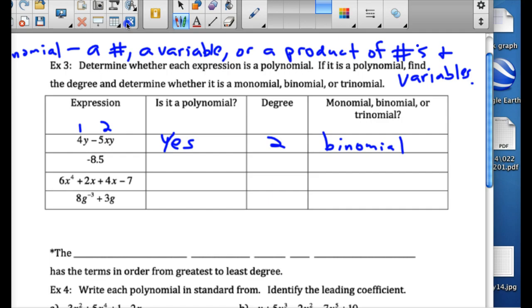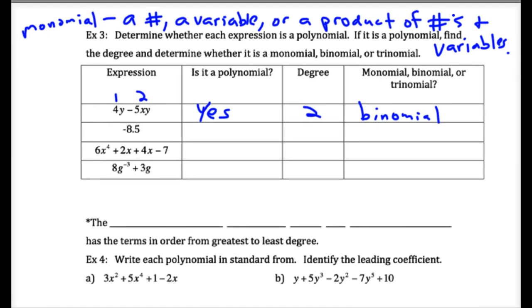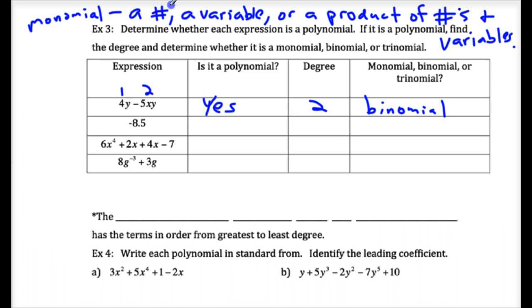So, a number, guys, is a monomial, and a monomial is also a polynomial. So believe it or not, any number, any constant, you say yes, it is a polynomial.